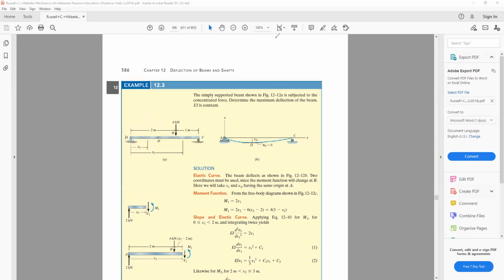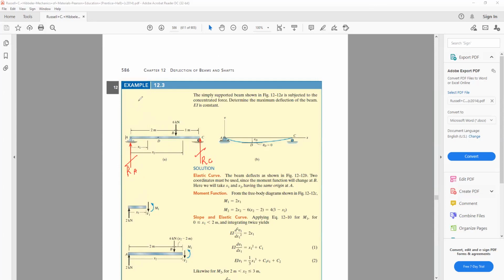At end A we'll be having reaction upwards, and at end C we'll be having reaction upwards. Let's call this reaction RA, and let's call this reaction RC.